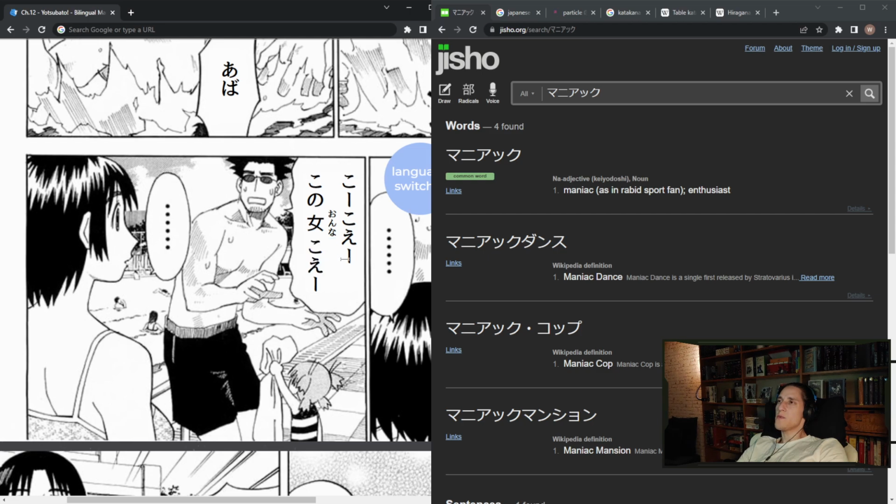Koi is shape because of the anime Koi no Katachi, shape of your voice, or then they translated it to A Silent Voice, I think. So kono onna koi. So her shape.